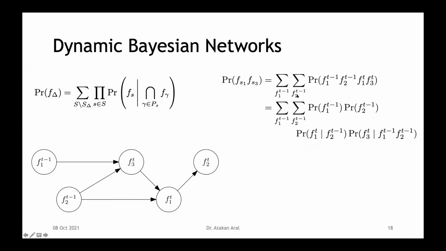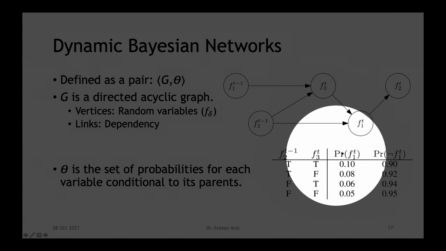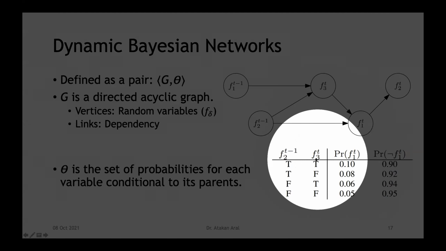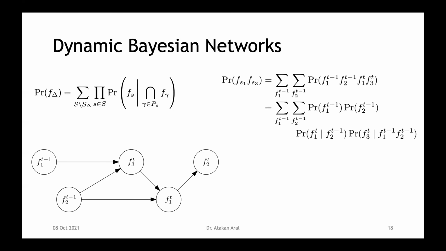And the good thing is, when we write this probability with the parents only, we can see that all these probability values are already available in our conditional probability tables. The conditional probability table is this one, and it already has the value of a certain failure given its parents.